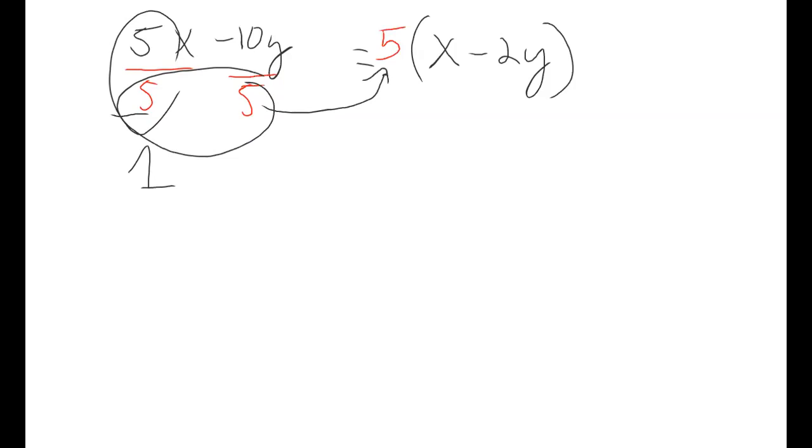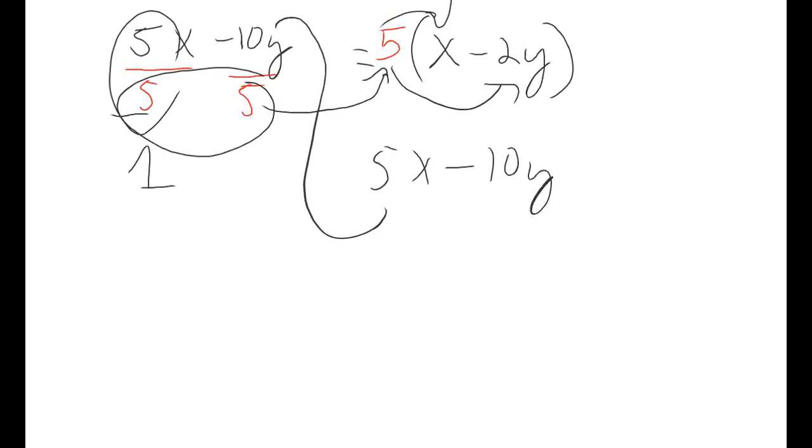All you are doing is going through and moving things around. Because if I redistribute this whole problem, then I can see that I have not changed it. If I distribute the 5 through, then this becomes 5x minus 10y. I am back to where I started, so therefore I did not change the problem.